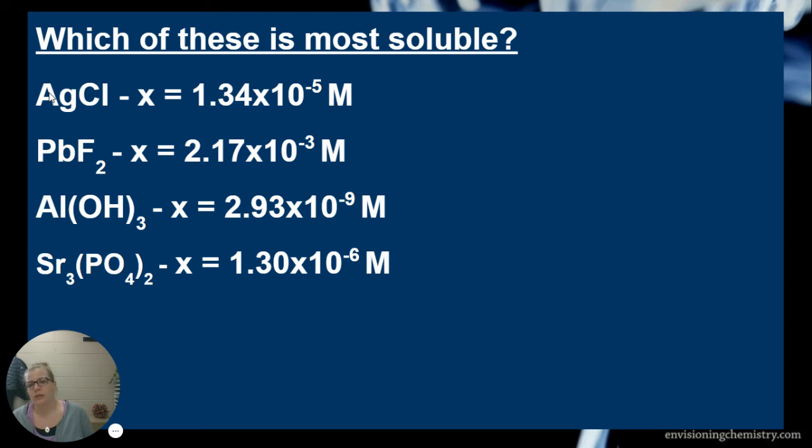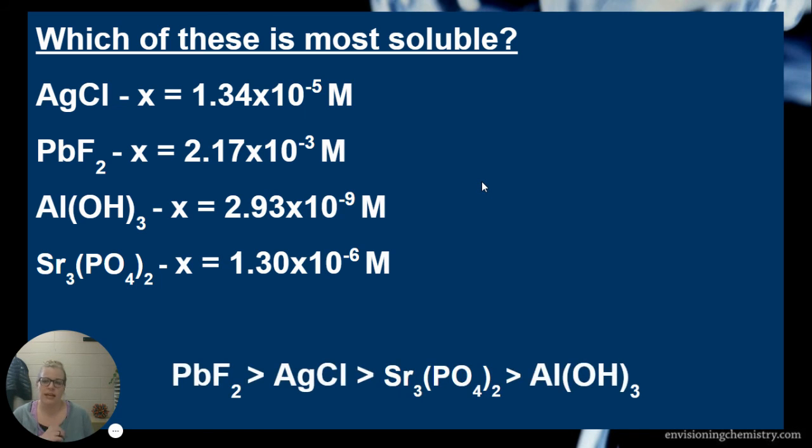If I was comparing, let's say, silver chloride, silver fluoride, silver whatever, then it would be really easy to do. But if I'm not comparing things that make the same number of ions, I need to do this calculation. So in this case, I can confirm that lead fluoride is my most soluble, silver chloride is next, then it's strontium phosphate, and then it's aluminum hydroxide.